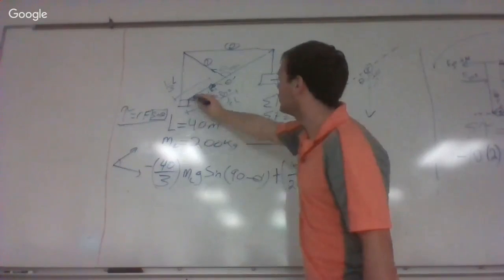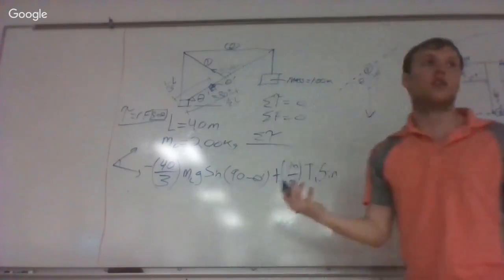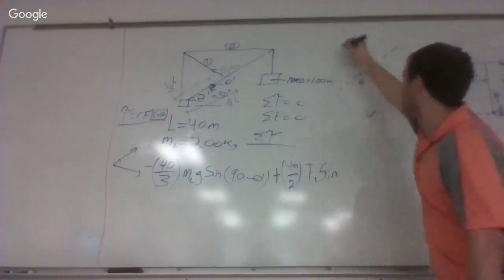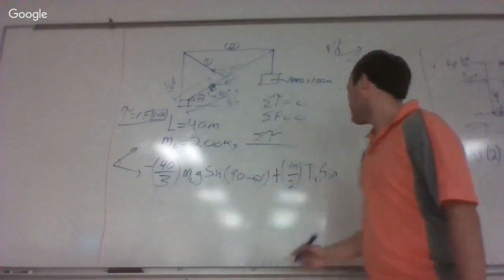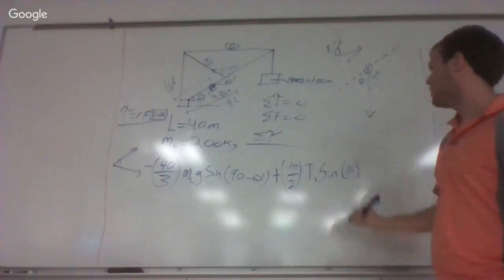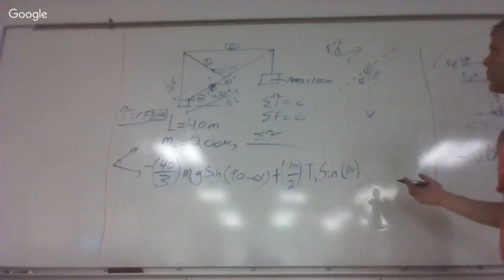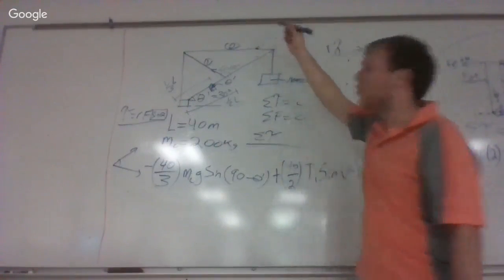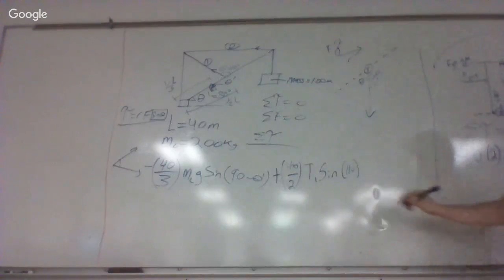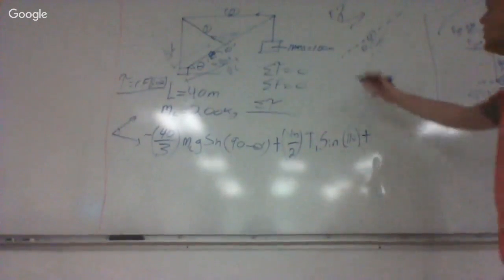If we put R going this way, we can draw a little vector saying that R is coming out this way. T1, T2. So that is the tension pulling.